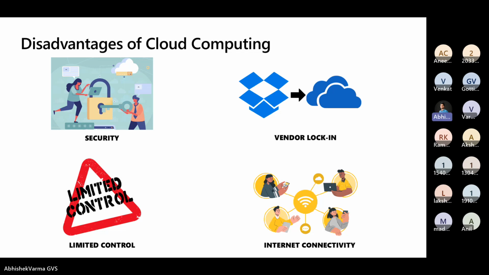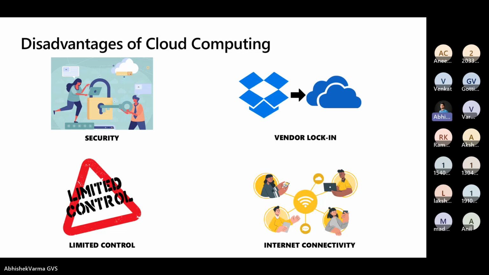Vendor lock-in, for example, companies will store their account data in opponent companies' data centers, like Netflix storing their entire users database in Amazon Web Services. These all are vendor lock-in.